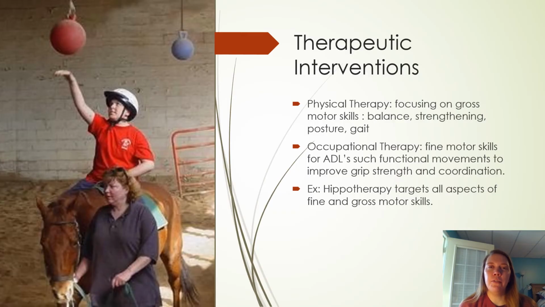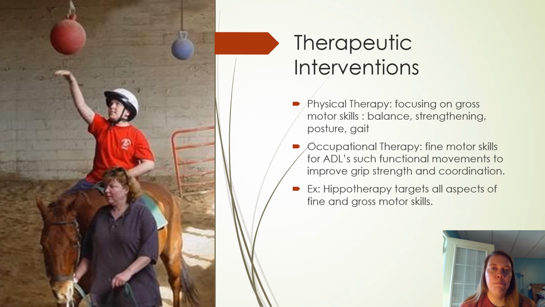There are several forms of therapeutic interventions that can be utilized for individuals with Down syndrome, one of those being physical therapy. Now, physical therapists focus more on the gross functioning motor skills of these individuals.